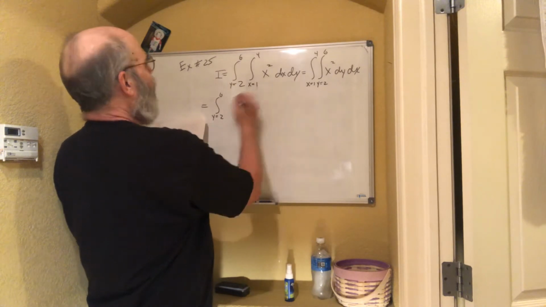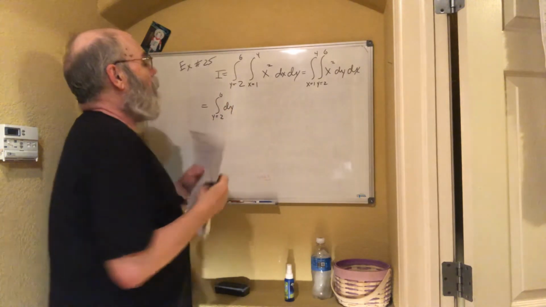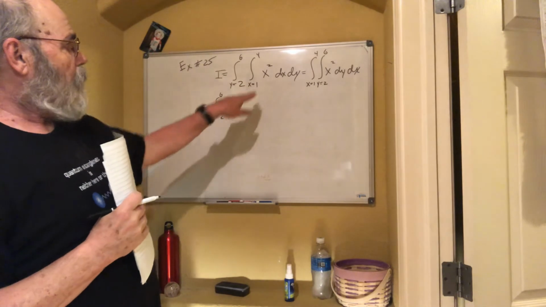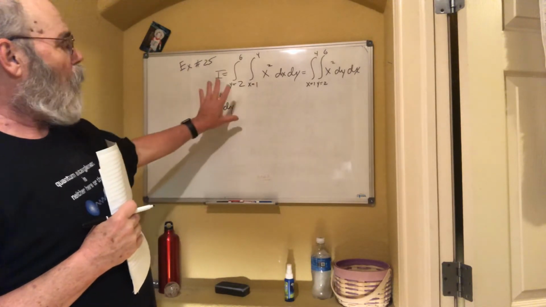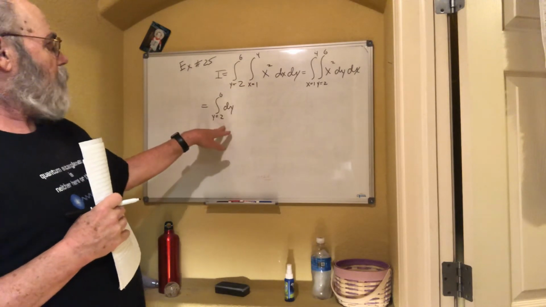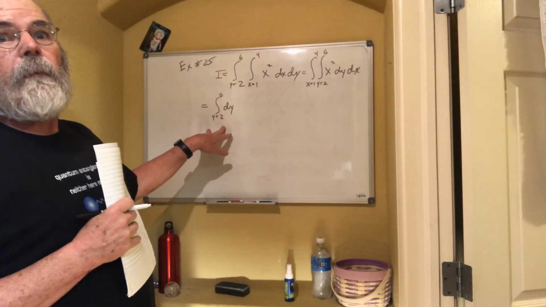And then the only thing I have in terms of y is my dy, right? There's no y squared or anything here to put there. So my y integral is just this. That's all there is to it, right?